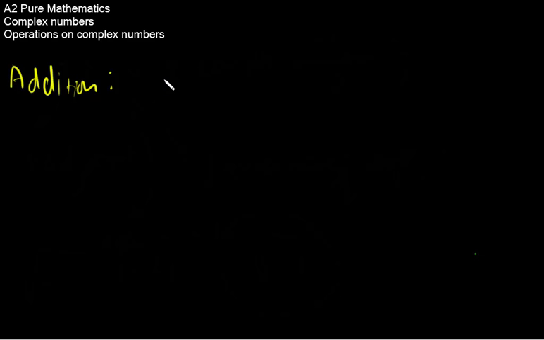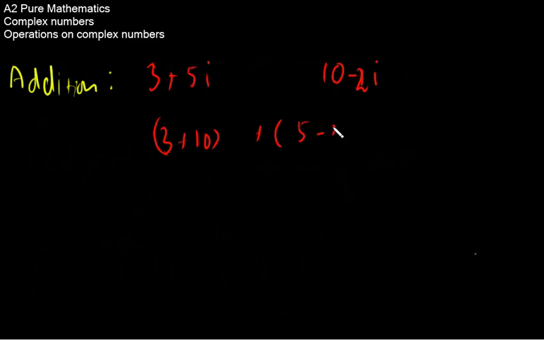Say we have 3 plus 5i and 10 minus 2i, and we want to add these two. What you can do is add 3 and 10, so add the real parts together, so 3 plus 10, plus 5 minus 2i. And this is equal to 13 plus 3i. So in addition, you basically add the real parts and then add the imaginary parts together.